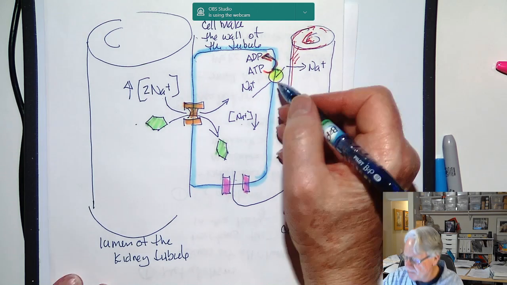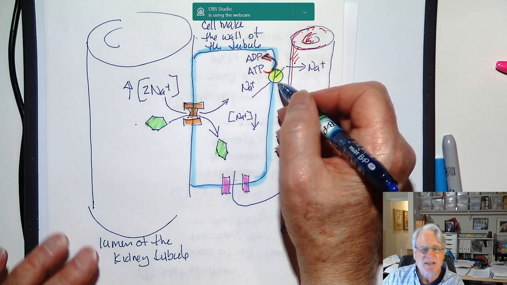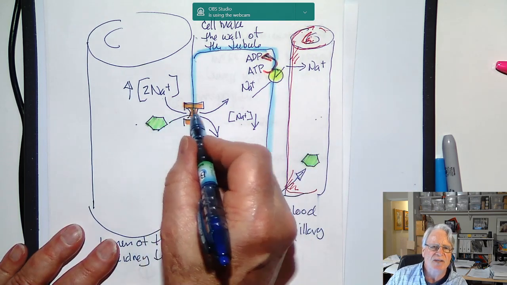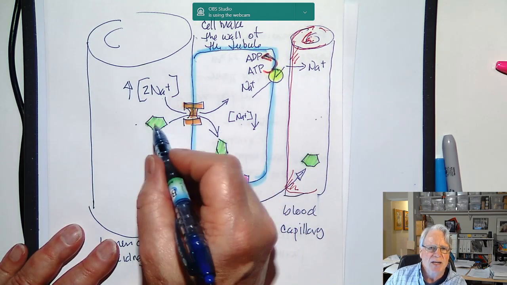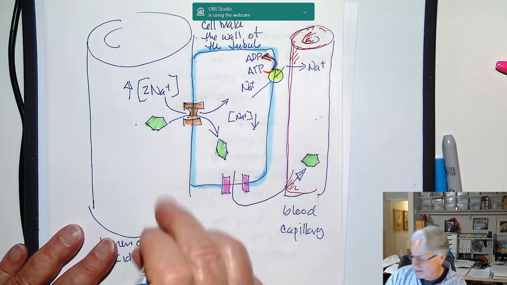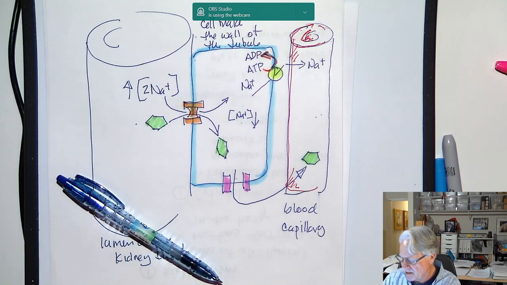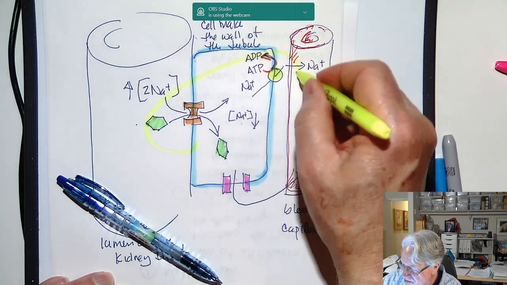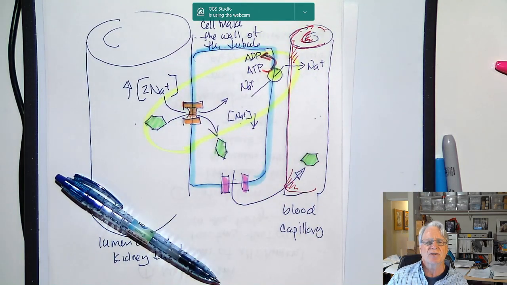We create, by using energy here, the conditions to grab and move the things that we want to move over here. These two things are connected together. These two things are connected together. Don't ever disconnect those two things.